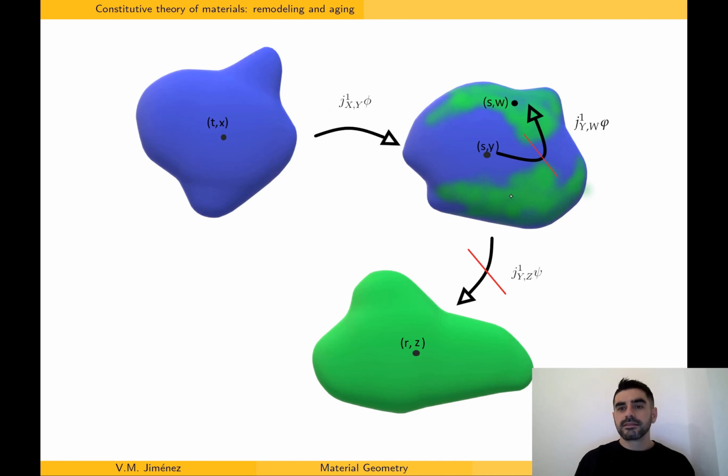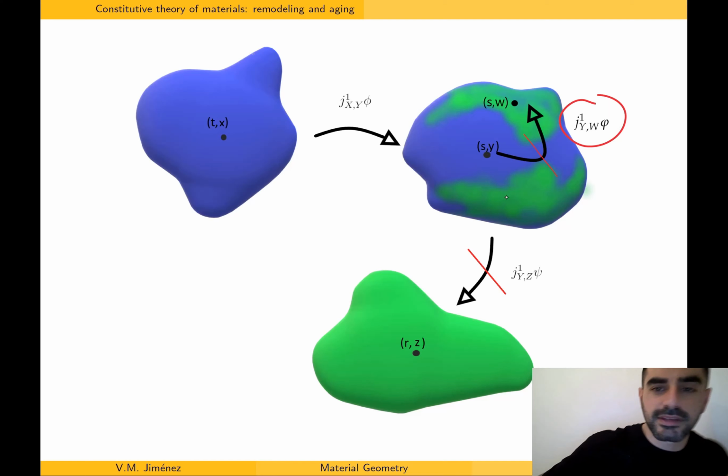Obviously, the mechanical response works to compare two different points at the same instant of time, in such a way that, for example, in this case, we cannot find any material isomorphism joining these two points at the instant S.